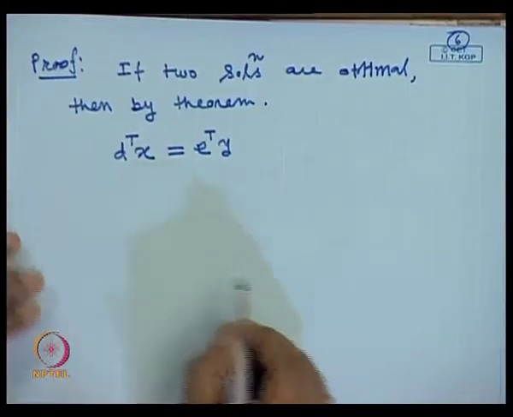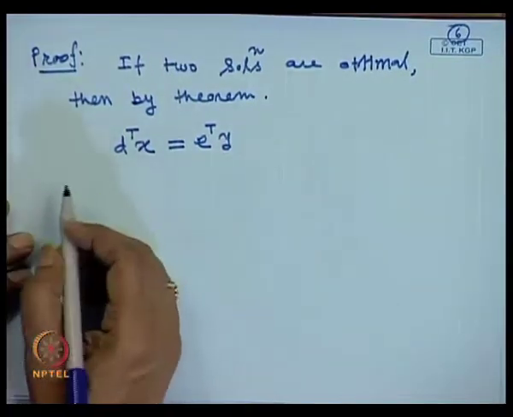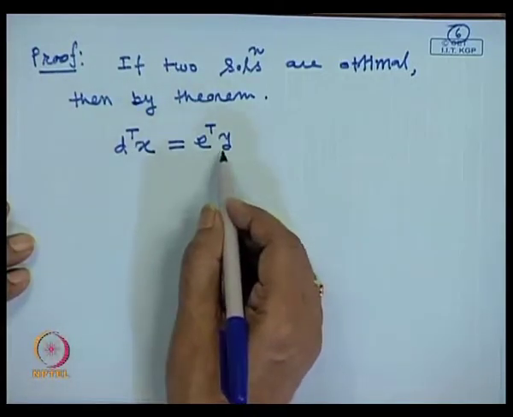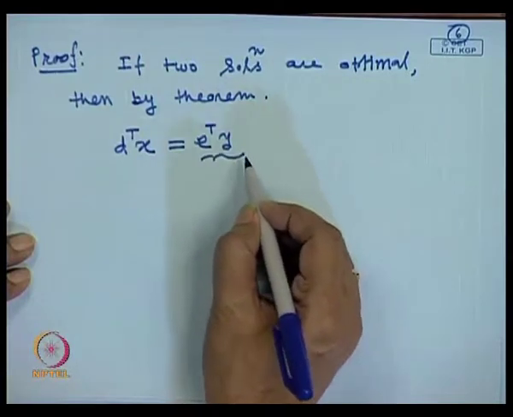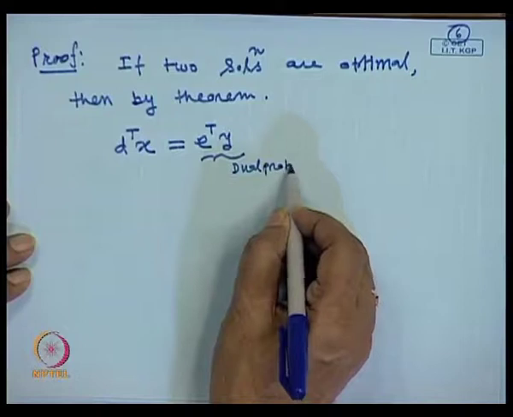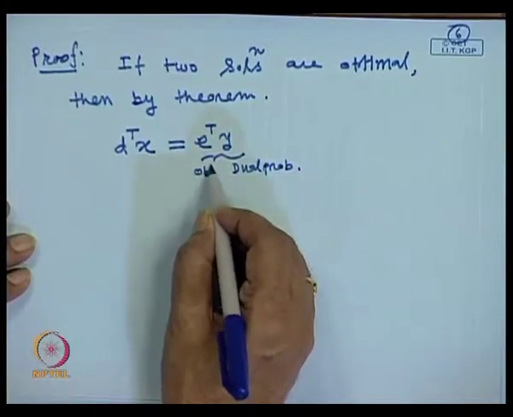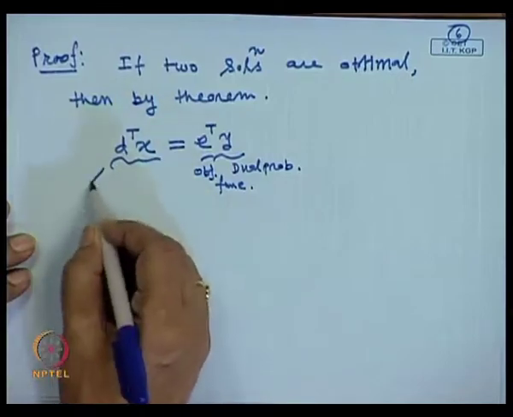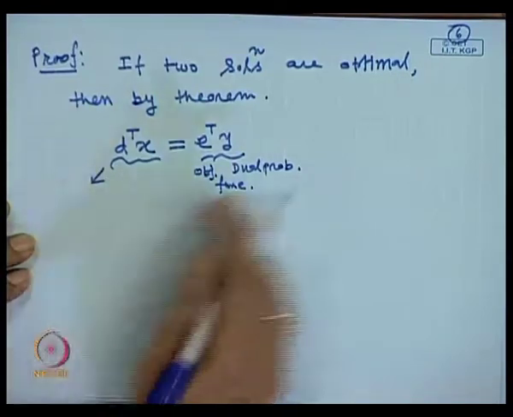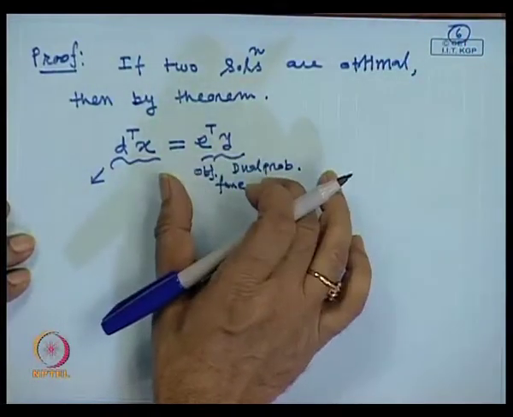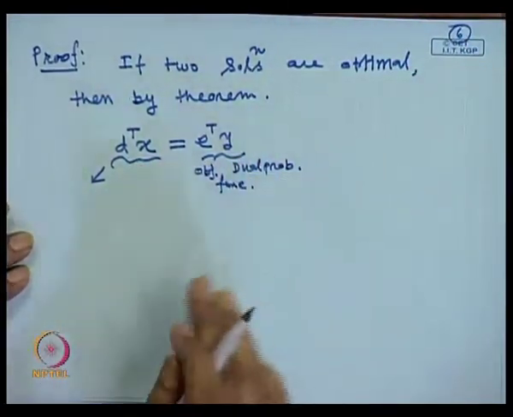D transpose x is the objective function of the dual problem, and this is the objective function of the primal problem. So if the solutions are optimal, only then is this equal to this.